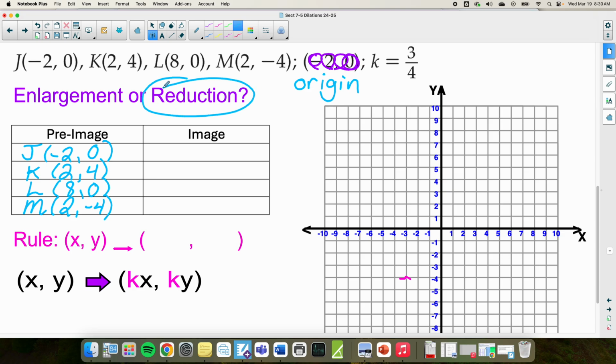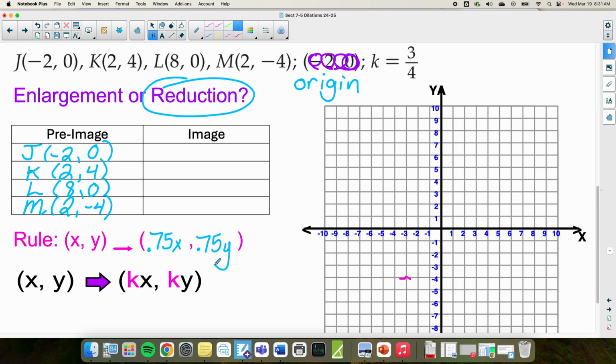And then when I go to write this rule, we're gonna use 0.75 instead of 3/4. So this is gonna be 0.75 times X and 0.75 times Y, okay? So part of your answer will be circling which one this is and writing this rule, and then putting your pre-image points here and your image points here.